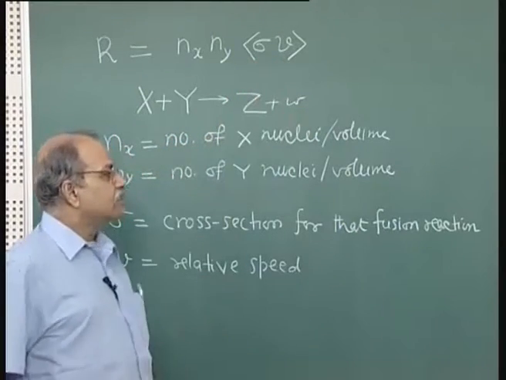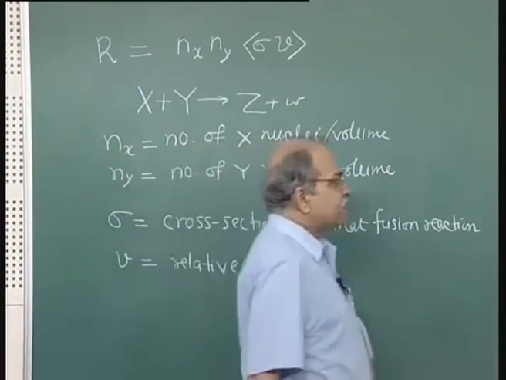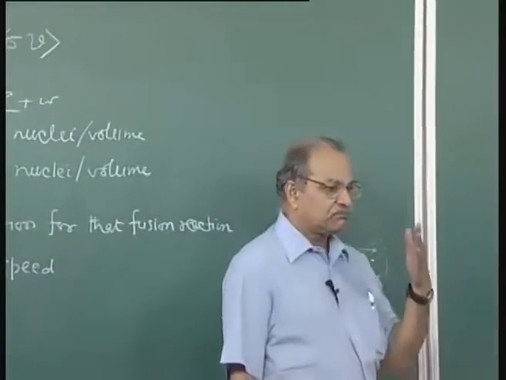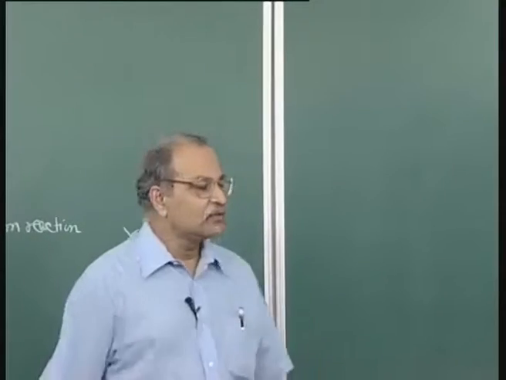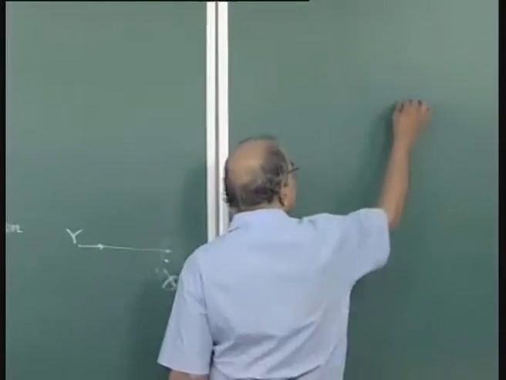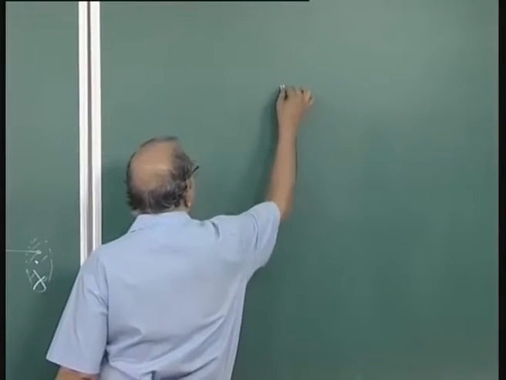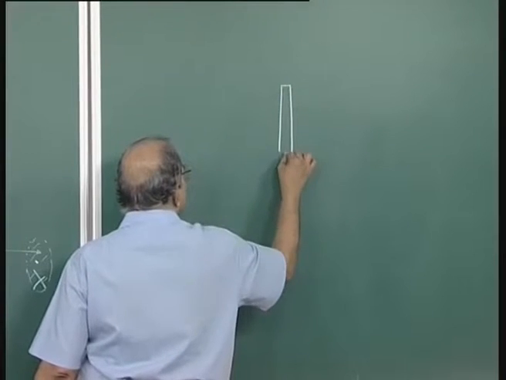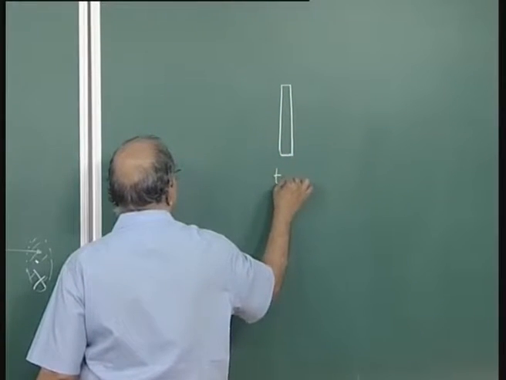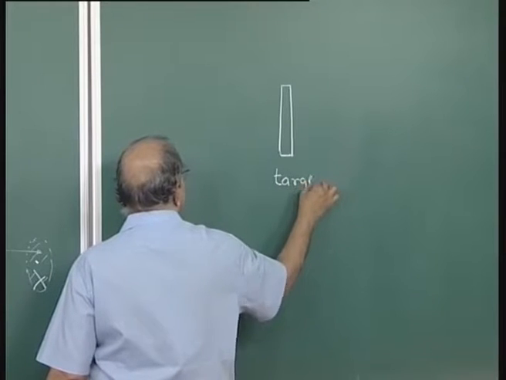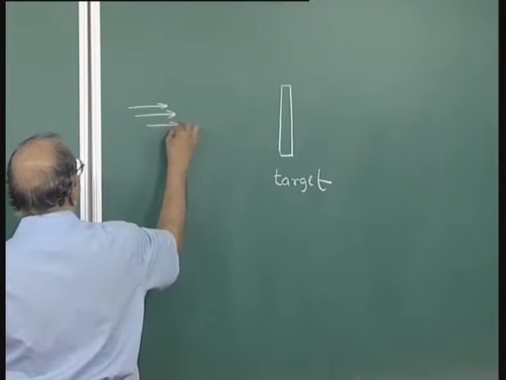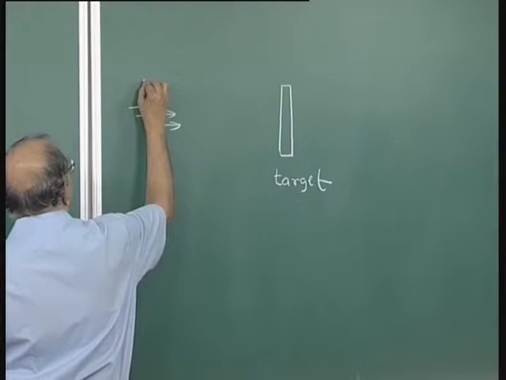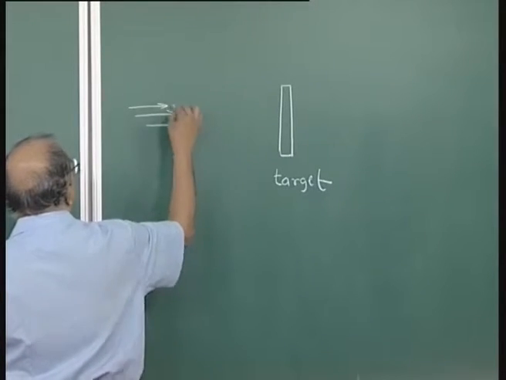Now let us look at this v. First consider a nuclear reaction, say scattering. In a scattering geometry you normally have a target fixed, and then a beam of these projectile nuclei or ions comes.